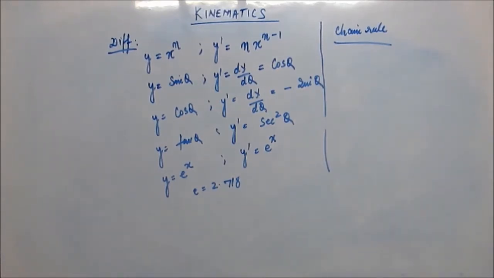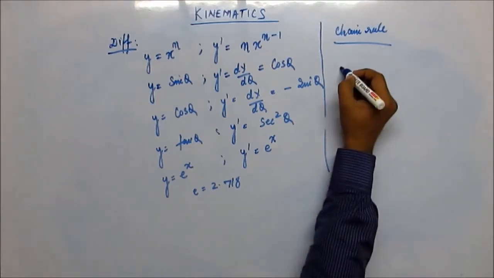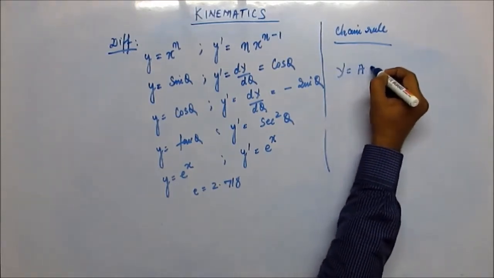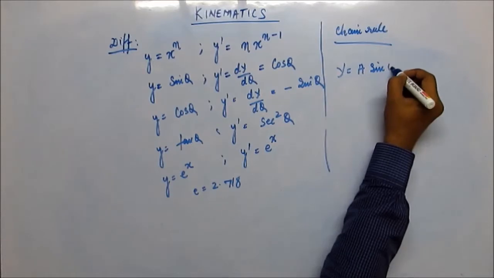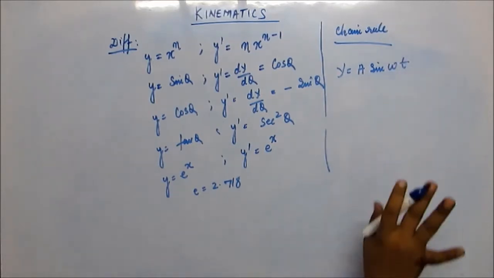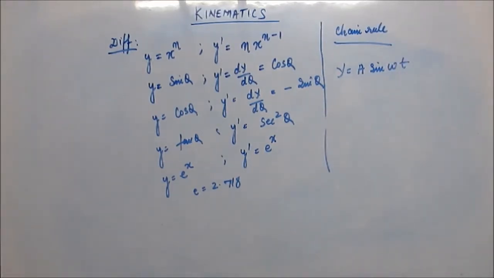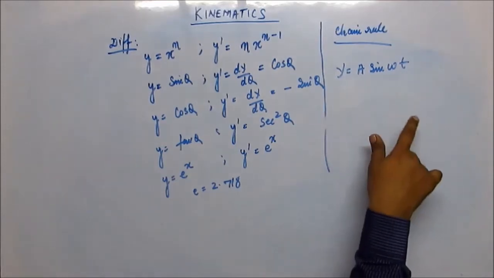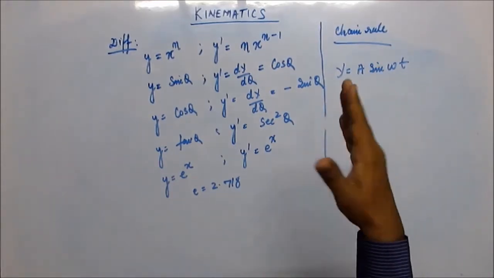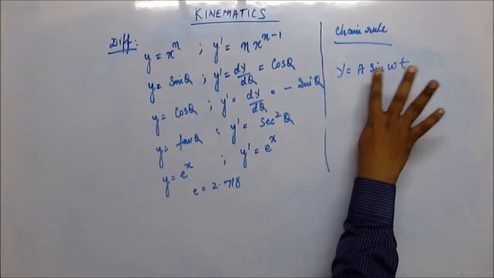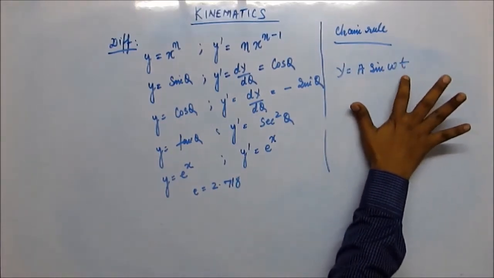Now we will solve a few problems, easy ones. Suppose y is equal to a sine omega t. Omega is just a constant, don't worry about that, and t is time. So y is displacement. This is the equation of displacement for a particle. Y is the displacement in y direction, a is a constant, omega is a constant, and t is the time.